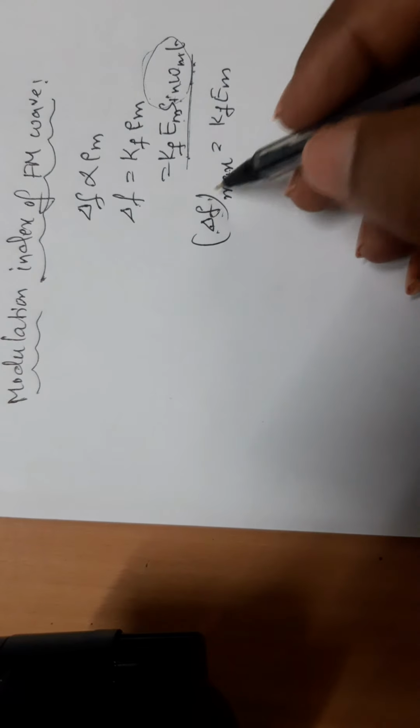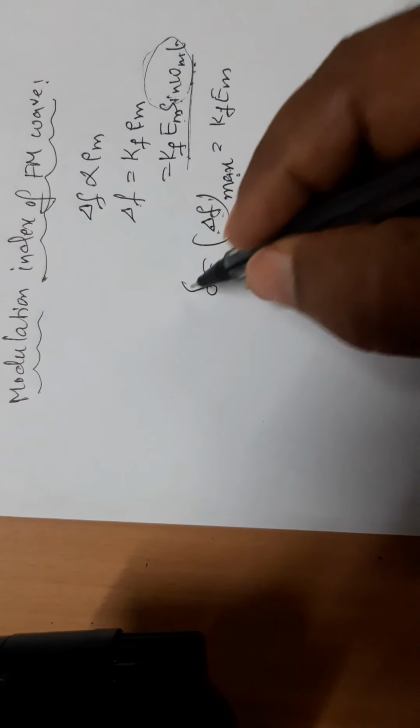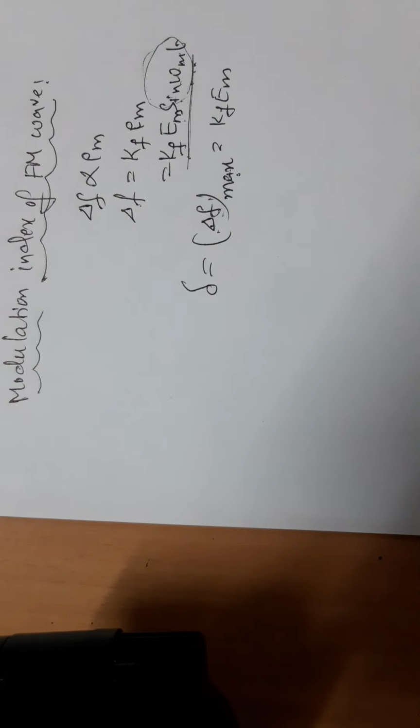I will call this delta F maximum the carrier deviation delta, where delta is defined as the maximum carrier frequency deviation from its normal carrier frequency Fc.